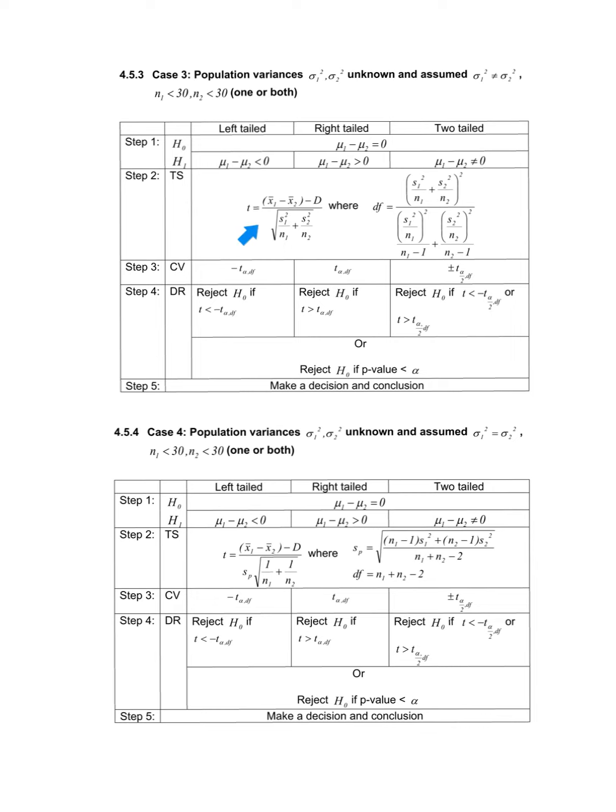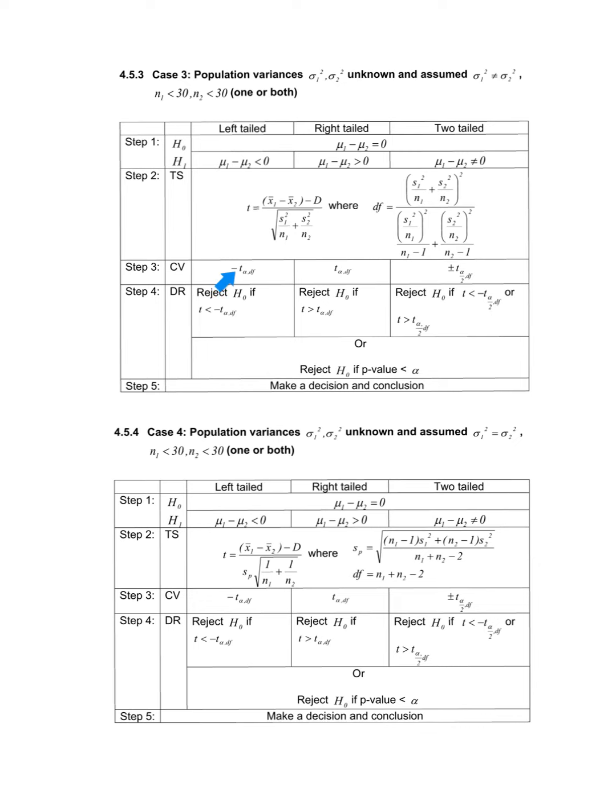Observe the test statistic, how we calculate it. For unequal variances, we must calculate the degrees of freedom. The formula is a bit long. Again, be careful: for two tail, alpha must be divided by 2. For left tail, you must put a negative. For right tail, no need for a negative. For two tail, there is plus and minus, and it considers 2 rejection regions on the left side and the right side. Usually, if you notice, when you do less than, which is left tail, the test statistic will be a negative value, because usually it is small minus big. That's why the critical value must also be negative, because we did it at the left tail.